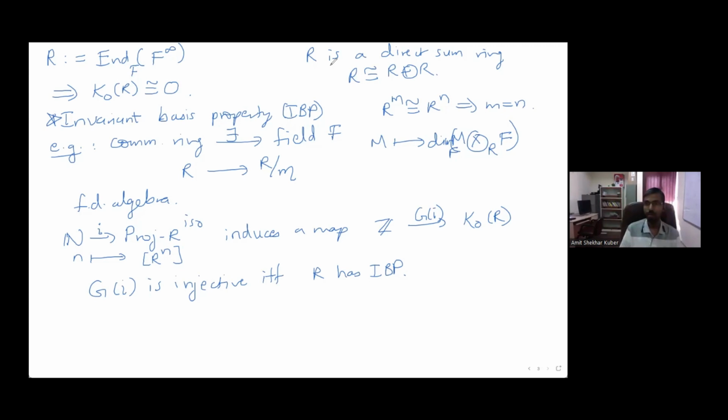Okay, a similar thing we can talk about. In the category of rings, Z is the initial object.